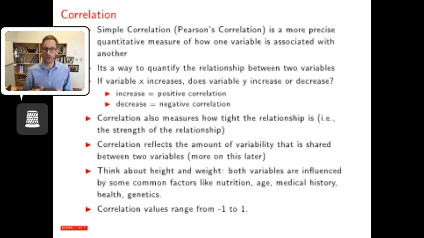We'll talk about this more later, but you can think about the height and weight example and how there are common factors affecting how tall you are and how much you weigh. That could be nutrition, age, medical history, health, genetics, etc. So there's going to be some shared variability between both height and weight that correlation will help us explain. And finally, as I talked about, correlation is bounded by -1 and 1.